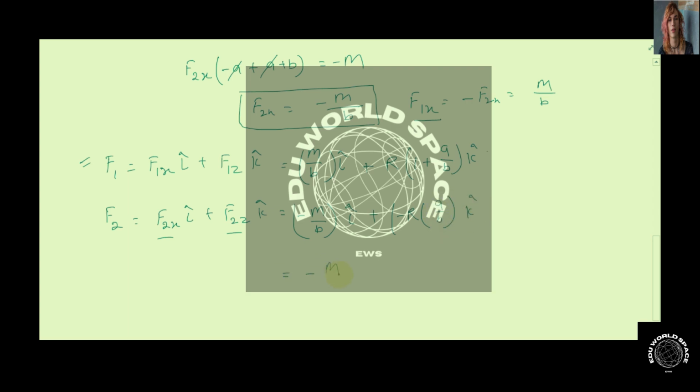So F2 comes out to be minus m upon b i cap minus R times a upon b k cap. So this is the expression for F2, that is the force acting at point B, and this is the expression for the force F1 acting at point A.